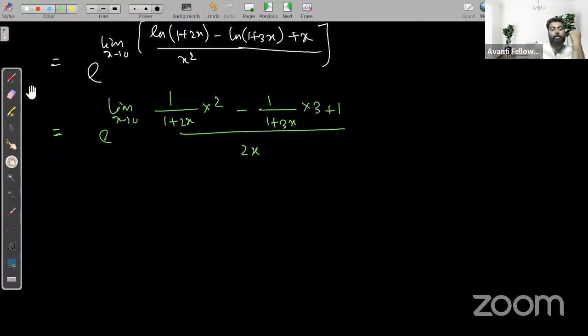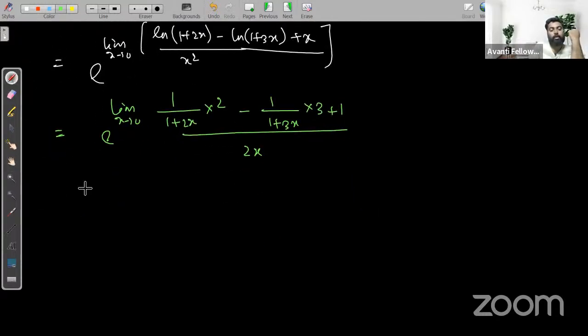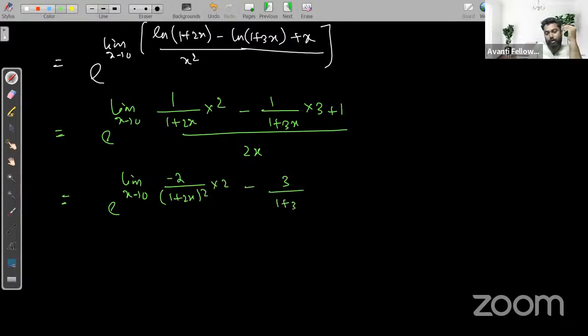So let's differentiate again. E raised to limit extending to 0, this will be 2 minus 2 upon 1 plus 2x whole square into 2 minus 3 upon 1 plus 3x whole square into 3.